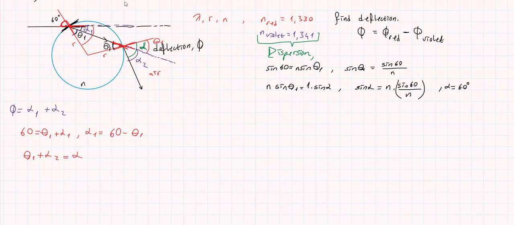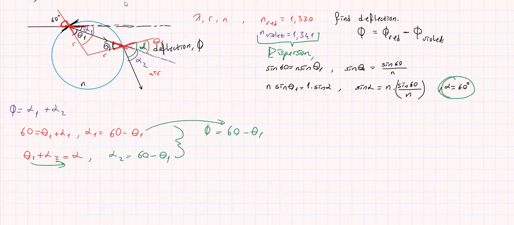Actually, the alpha was this, so I can say that alpha 2 will be equal to 60 minus theta 1. So if I sum this up, then phi will be equal to 60 minus theta 1 from here plus 60 minus theta 1 from here. And I will have 120 minus 2 theta 1 as deflection angle.